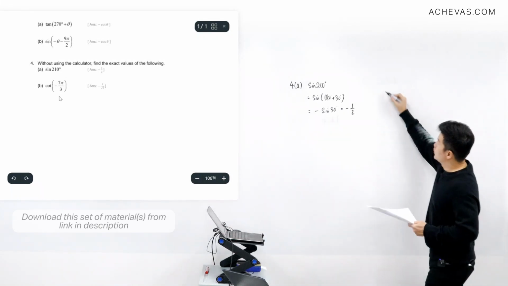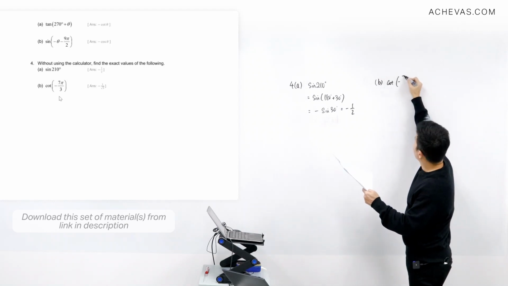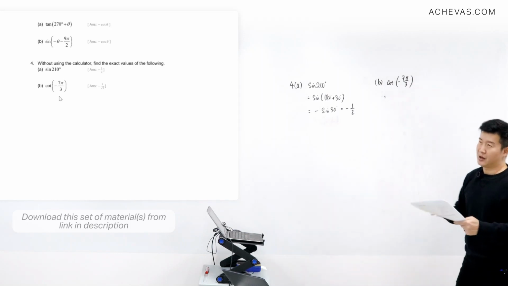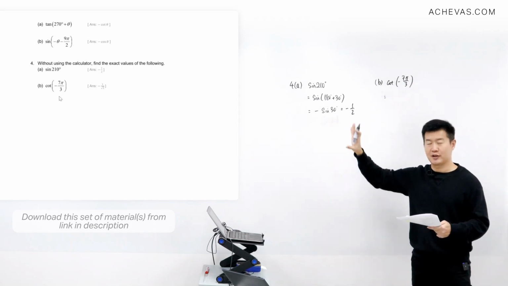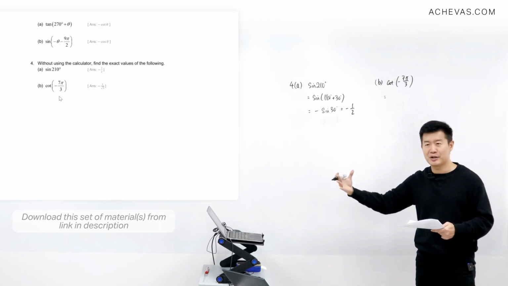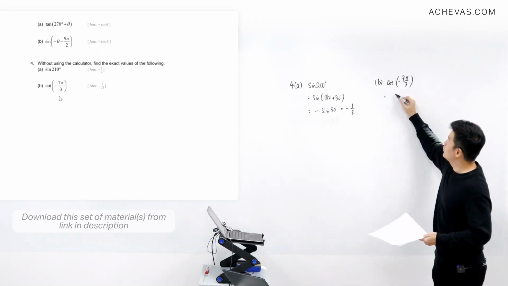And the next one that we are looking at, let's see, is going to be this: cotangent minus 7 pi over 3. So let's take a look at B. We have a cotangent of minus 7 pi over 3. And okay, I don't like to deal with cotangent because the transformations are all for sine, cosine, tangent, except the complementary angle, but we also start with sine, cosine, tangent. So I do want to change this.